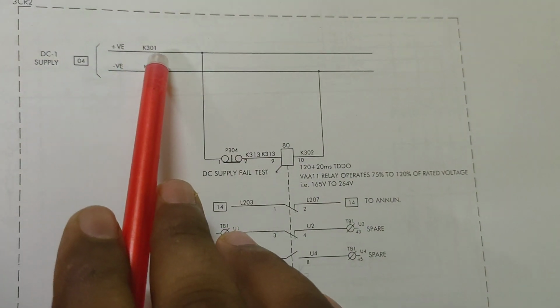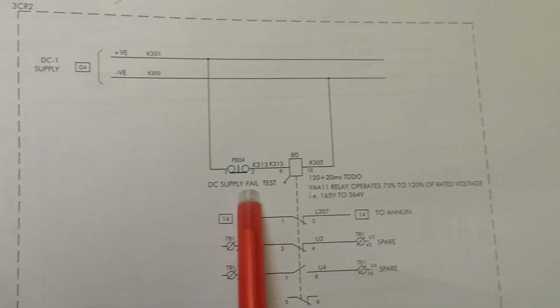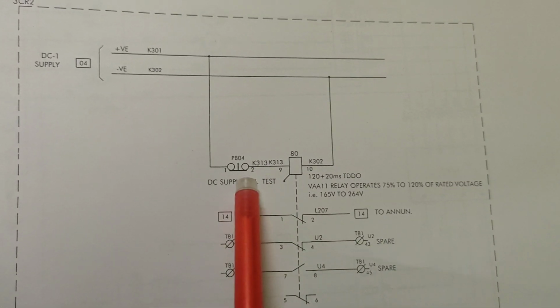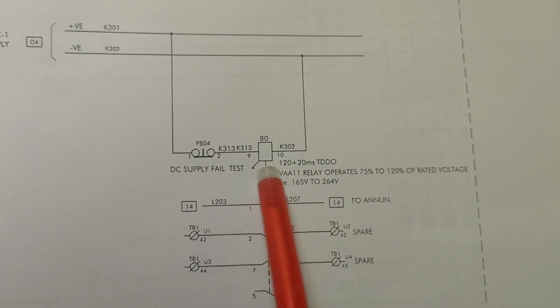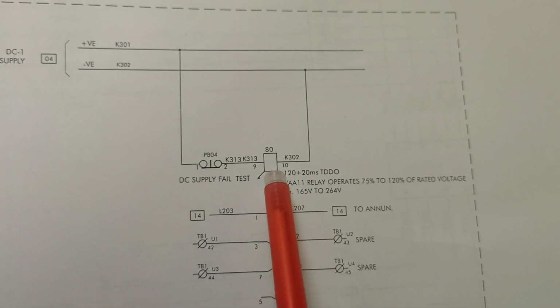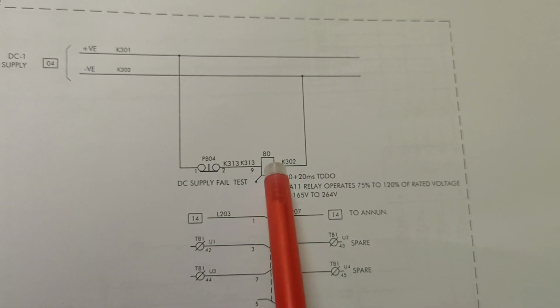This is K301 and K302, with one push button switch for DC supply fail test. A flag relay is present here. If the DC supply fails, the relay flag will be down.